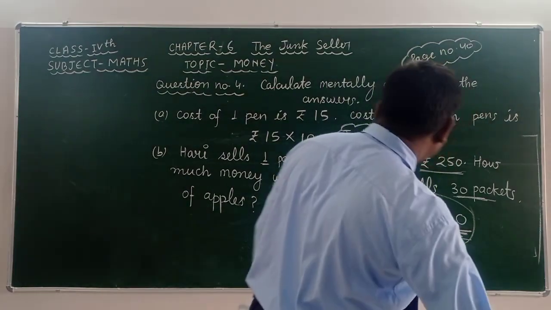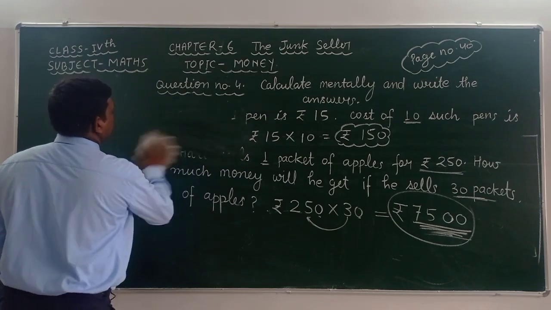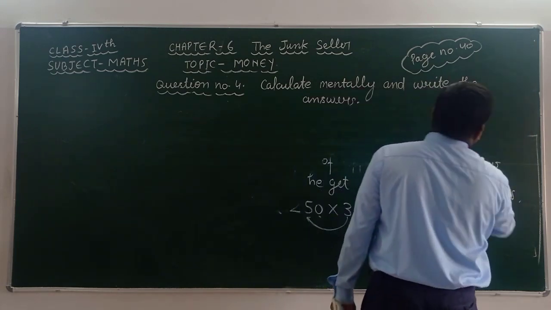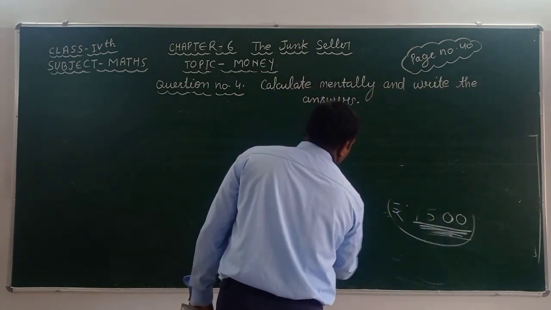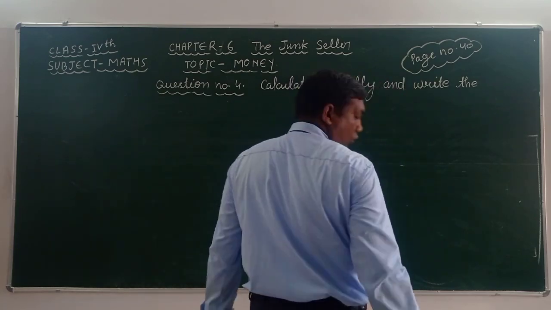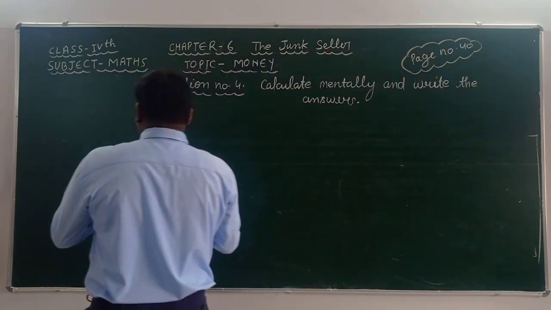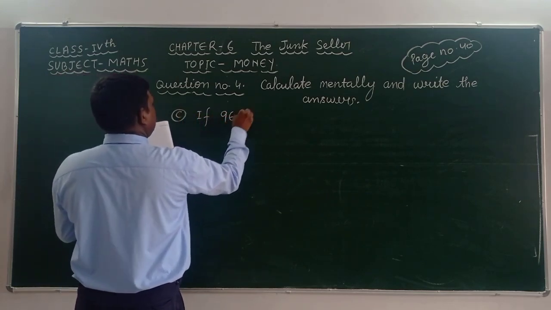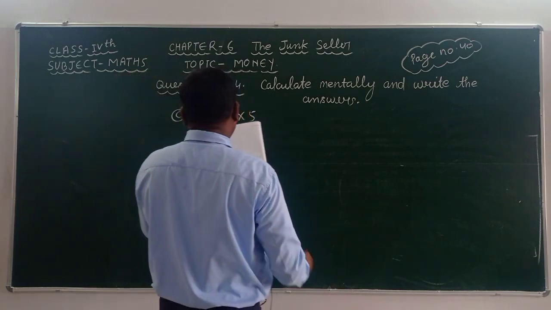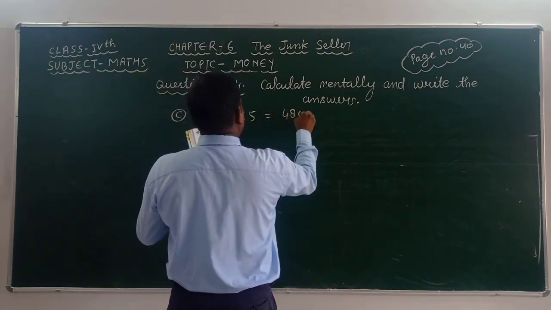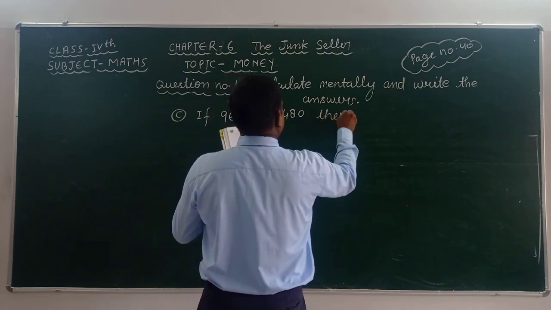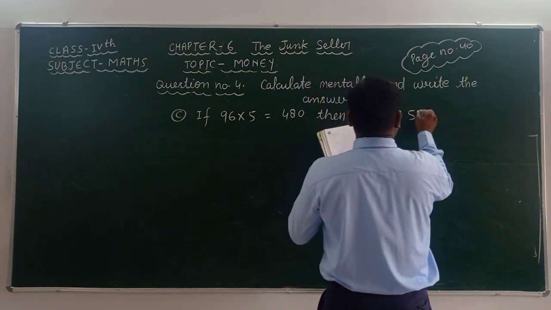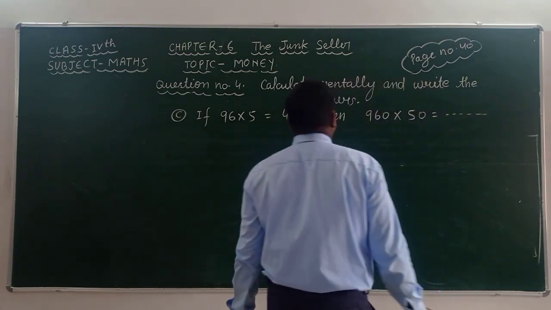Okay, students, now let's start question number 4 of C. Here given that if 96 multiplied by 5 is equal to 480, then 960 multiplied by 50 is equal to how many?